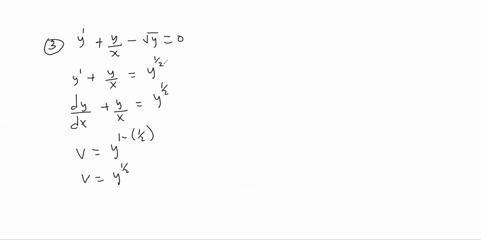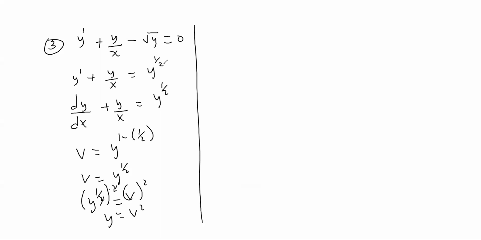So in other words, y raised to the half will be equal to v. So here, if I times both sides by 2, this and this can go up. y will be equal to v squared. So if y is equal to v squared, I know this is my substitution.